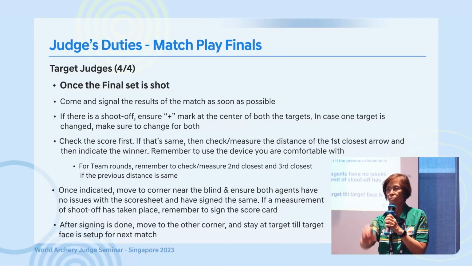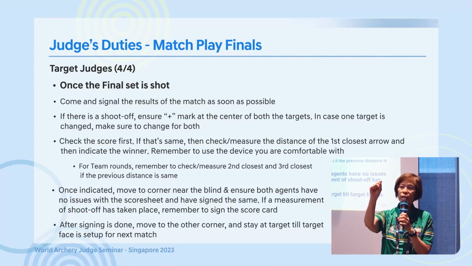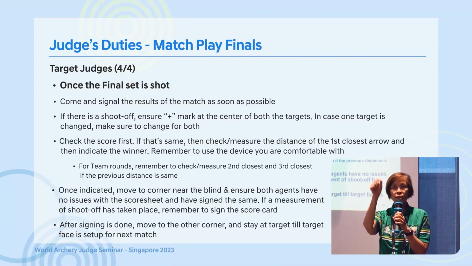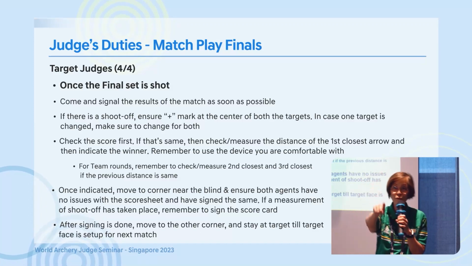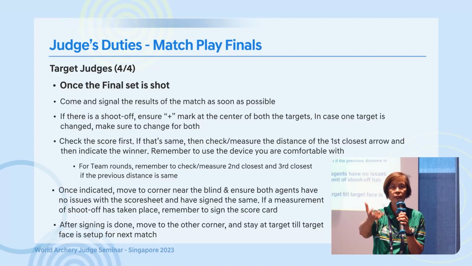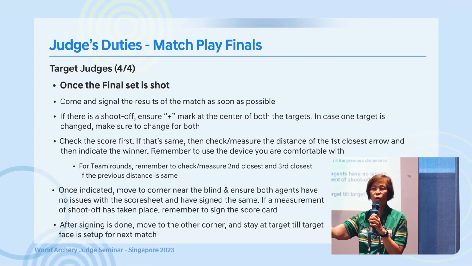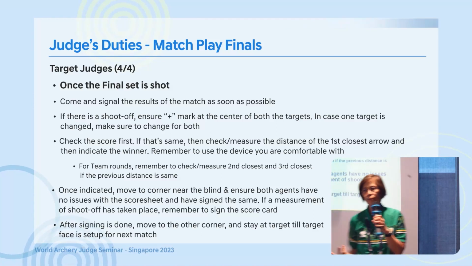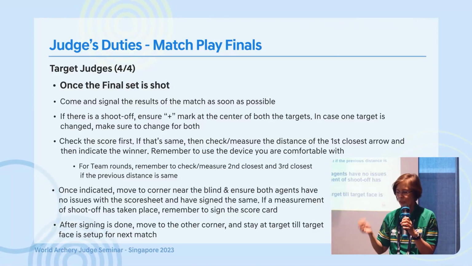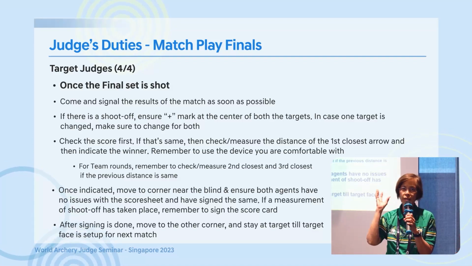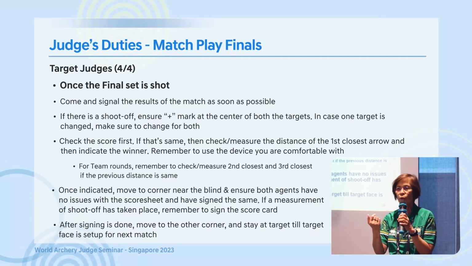Again, check the targets before the shoot-off, that in the finals, they really change them. Okay? In the finals, if there is a shoot-off, both target faces are changed. Now check the score first, and if it's the higher score, then declare that the winner.